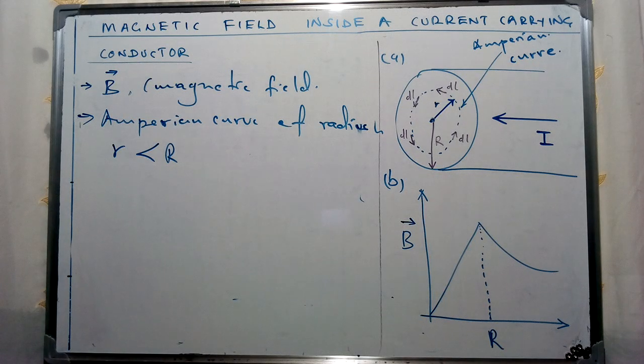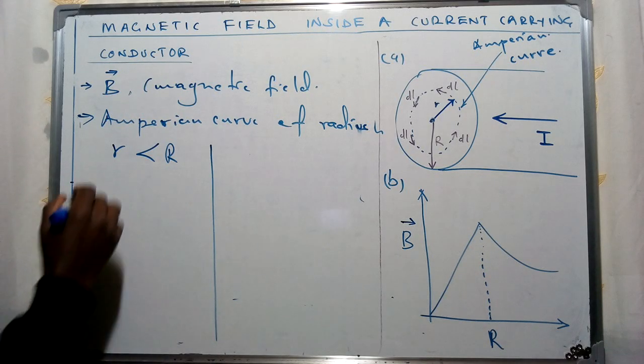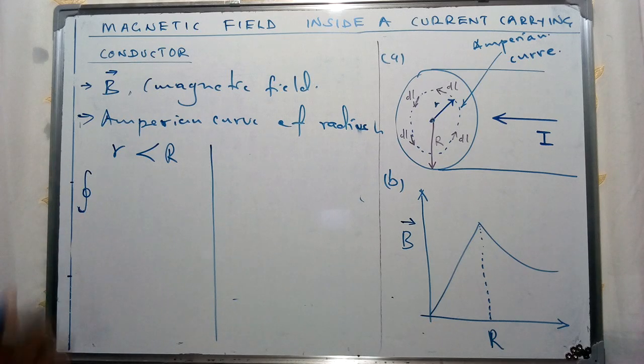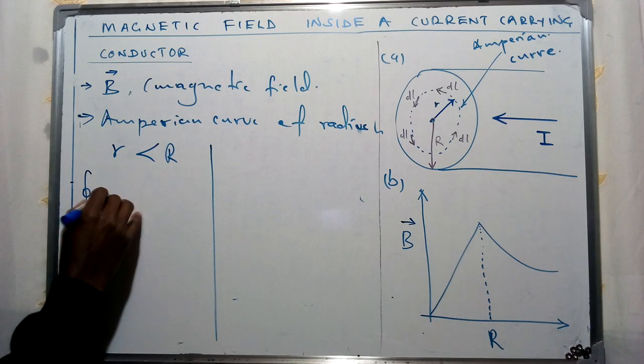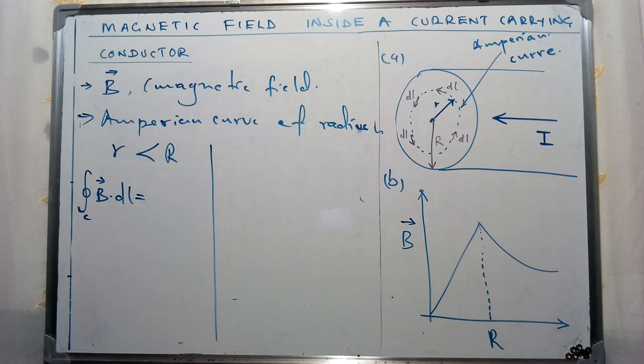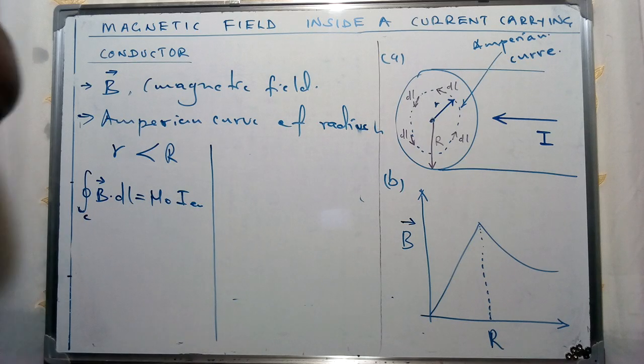And from this one, we can define Ampere's law by use of this specific information, whereby we have said that the closed path integral for this definition, which we have given for Ampere's law, can be given in terms of the magnetic field and this one. And this is going to give us the product of mu naught and the current enclosed, as we said.